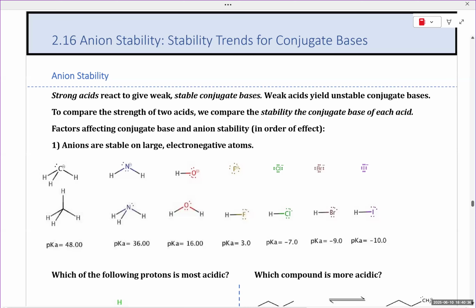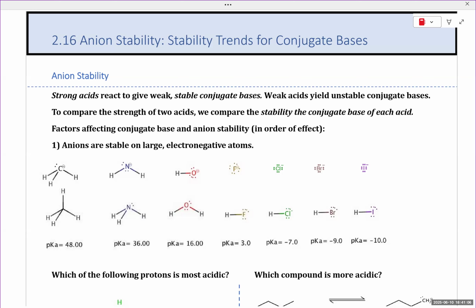The reason why we're going to need to be familiar with anion stability trends is that we can use these trends to get a sense on whether an acid-base reaction is reactant or product favored. So if we don't have pKa values, one other tool that we can use to determine whether an acid-base reaction is reactant or product favored is by looking at the stability of the parent base and the conjugate base anion.